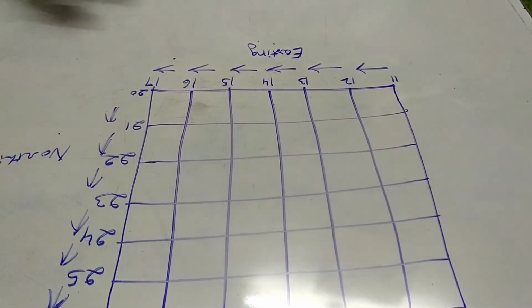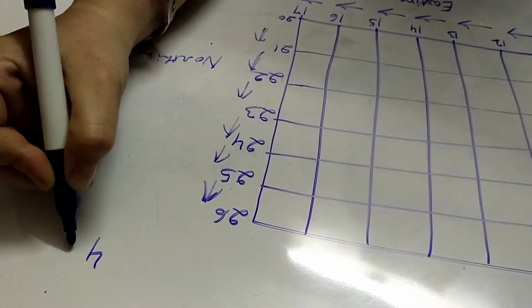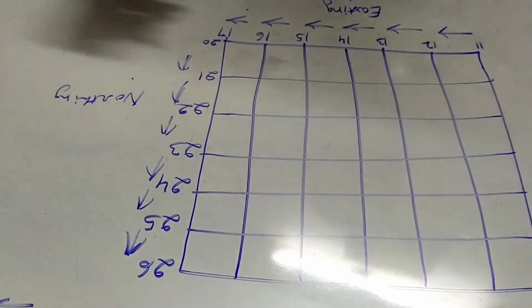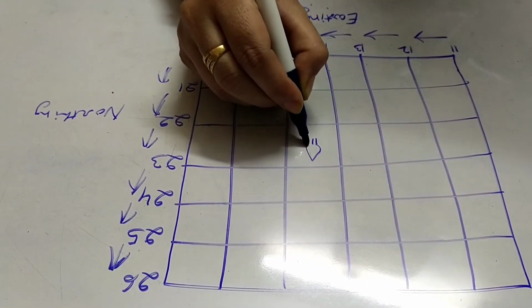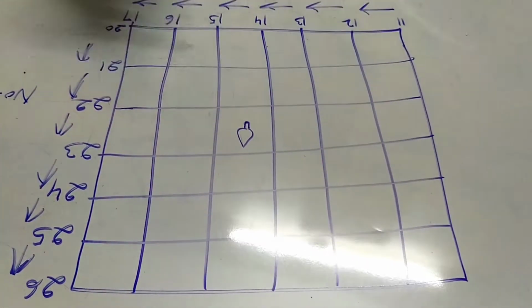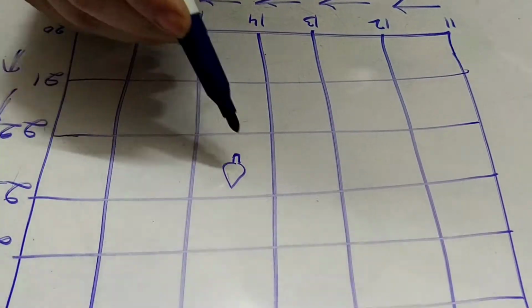Now what will they ask? They will ask, first of all, it is four figure. So for example, here is something, and they could ask, tell us the four figure of this tree.